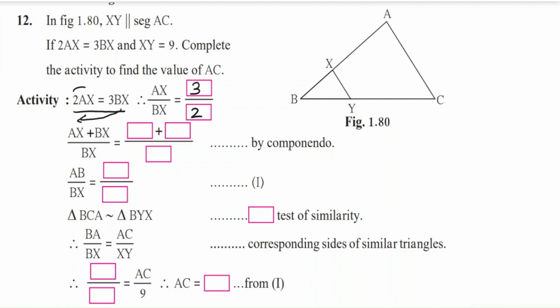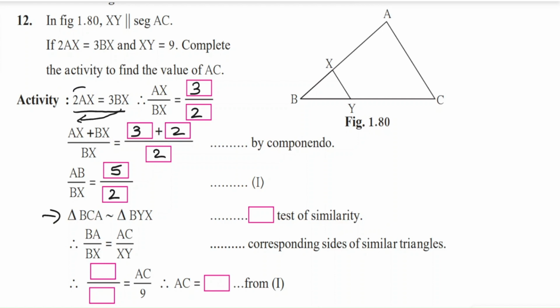Now, we will apply componendo. What is componendo? Denominator gets added to the numerator. That means AX plus BX upon BX is equal to 3 plus 2 upon 2. 3 plus 2 is 5 upon 2. Now we'll take triangle BCA is similar to triangle BYX.